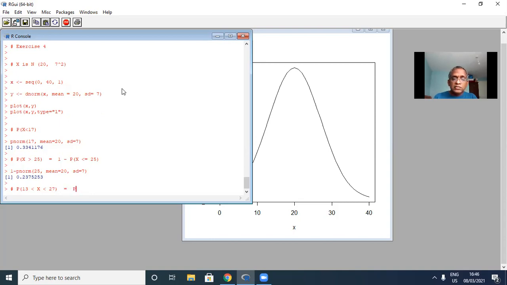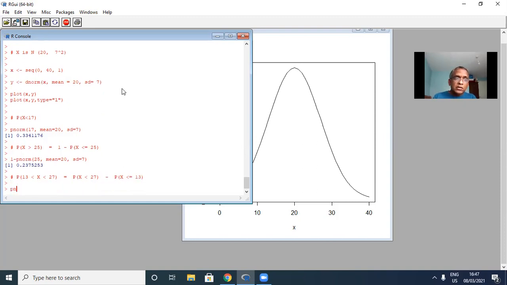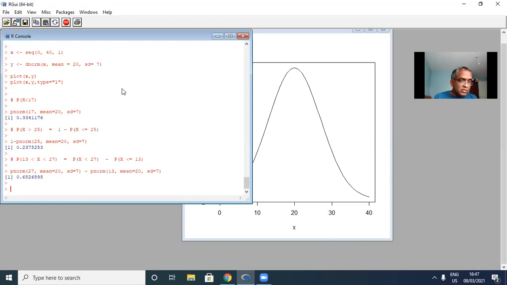Right, this you can write as the difference of these two probabilities. Now in R, you can compute this easily like this, pnorm 27, mean equal to 20, sd equal to 7, minus pnorm 13, mean equal to 20, sd equal to 7. All right, so this is the answer. All right, so this is part one of question 4.